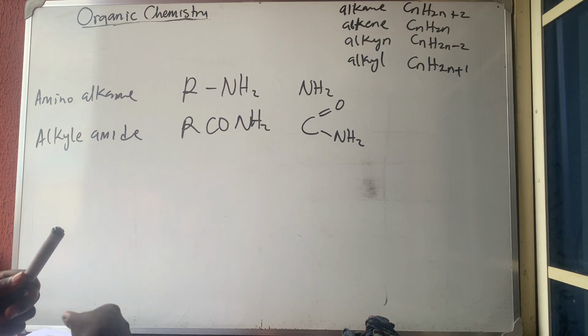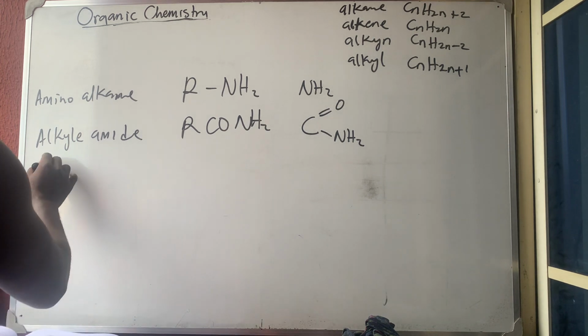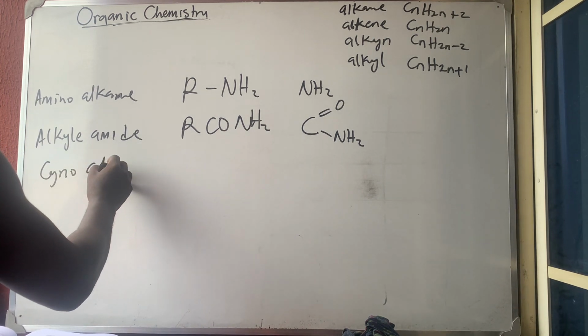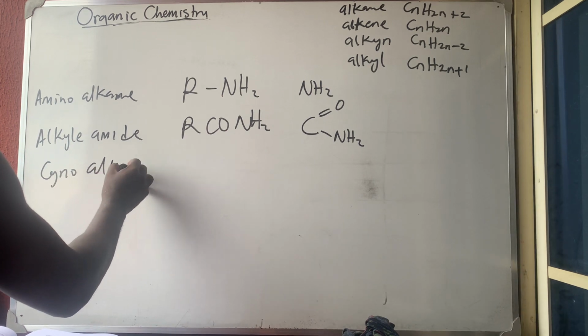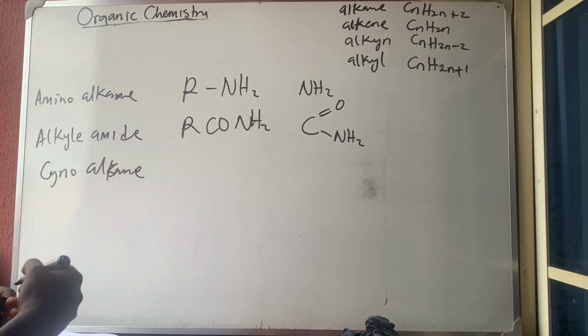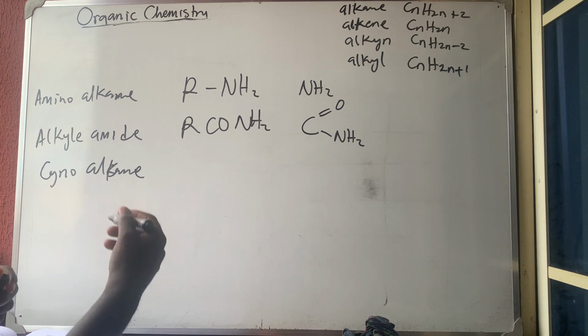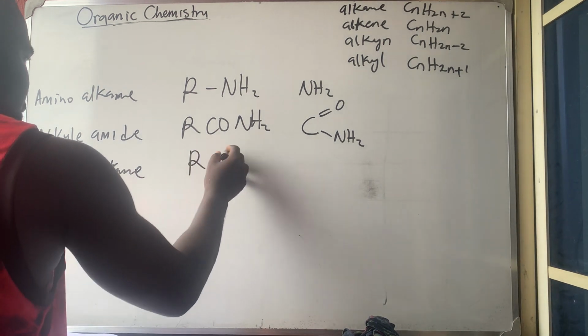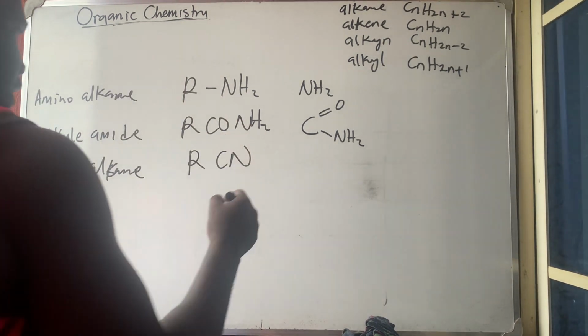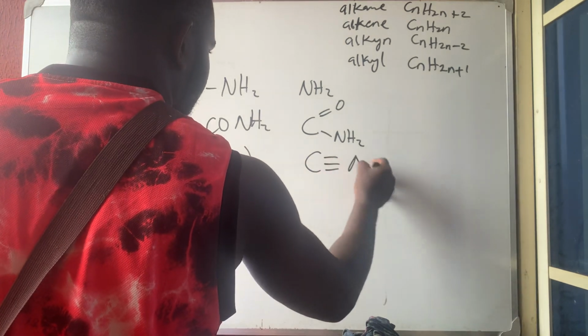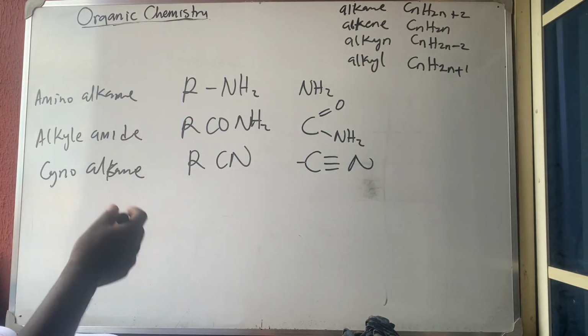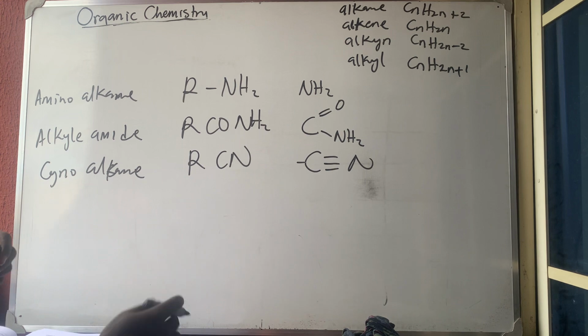And don't forget the cyano alkane. The cyano alkane is just the R with your CN, very simple. That is C triple bond N. That's all.